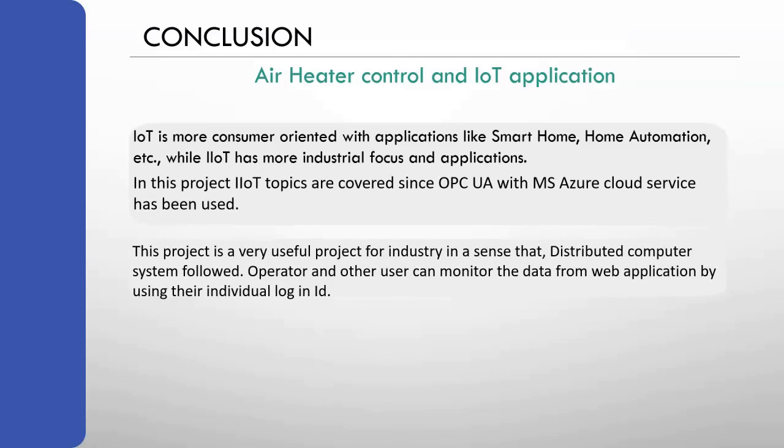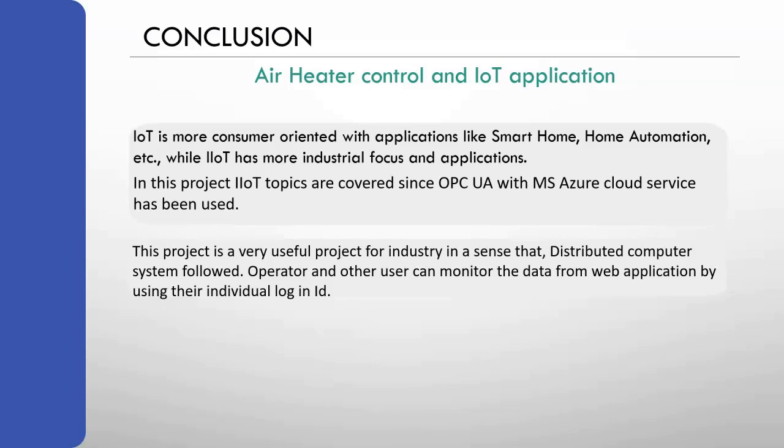I must say this is a very useful project for industry in the sense that a distributed computer system has been followed here, because you can use 3, 4, 5 computers to log in, to monitor the data, to control the air heater, and to retrieve the data from Azure in your web applications. So it's a DCS system.